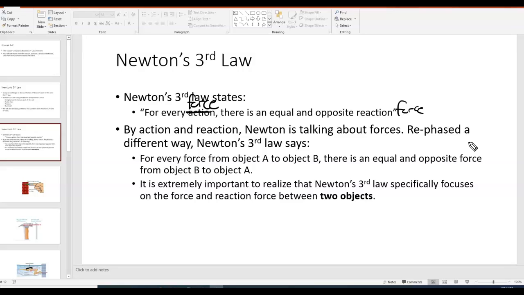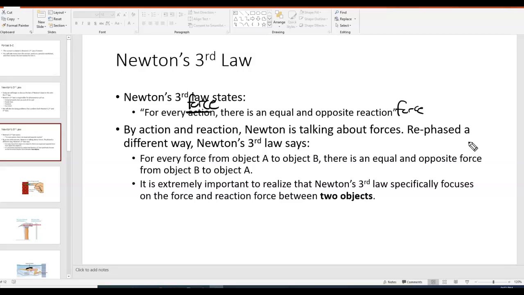And it's important that you understand that Newton's third law focuses on the force and reaction force between two objects. Because you might think at first, well, if every force has a reaction force and it's equal and opposite, shouldn't those two forces cancel out? Shouldn't it be impossible for anything to move because the forces would always cancel out?